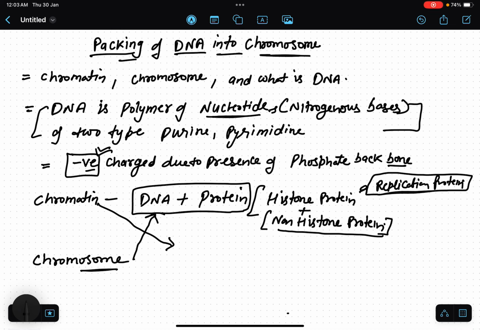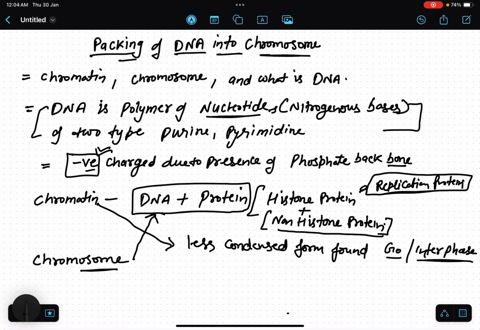Chromatin is the less condensed form found in G0, or we can say interphase of the cell cycle.